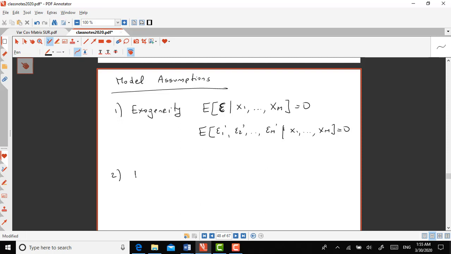The second one is homoscedasticity, and this is an equation by equation type of homoscedasticity. We're saying that within each equation we have homoscedastic errors.